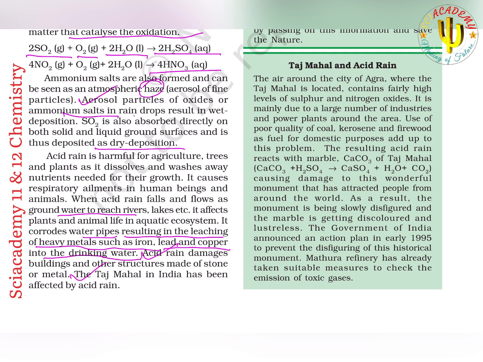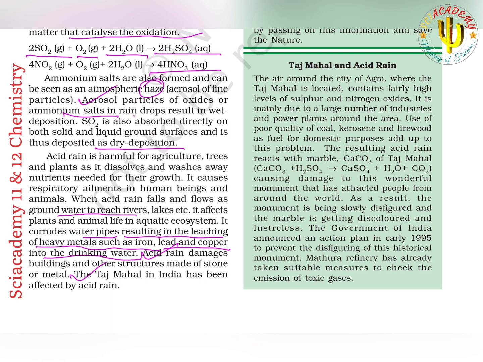Use of poor quality coal, kerosene, and firewood as fuel for domestic purposes adds to this problem. The resulting acid rain reacts with the marble (calcium carbonate) of the Taj Mahal, causing damage to this wonderful monument that has attracted people from around the world.